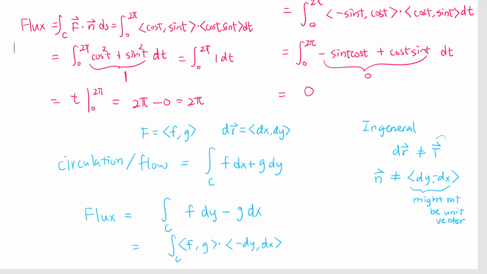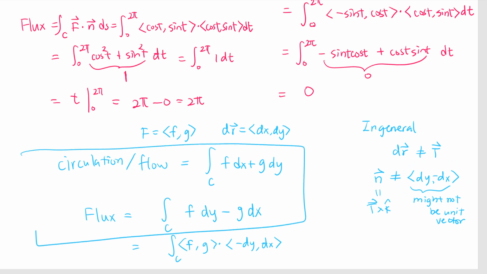We know the unit tangent vector is the tangent vector divided by the speed, so that we get a unit vector. And the normal vector is this guy, the cross product of T and k. This will have the same direction, but you probably need to divide it by its magnitude to create a unit vector. So far so good. So from now on, use this formula to calculate circulation and flux.